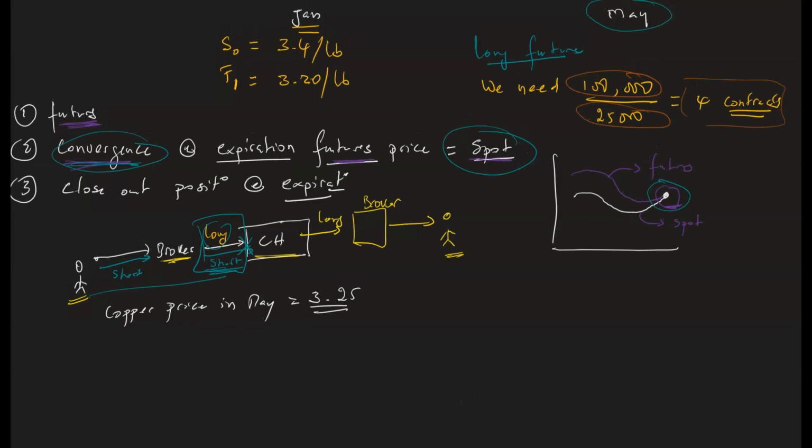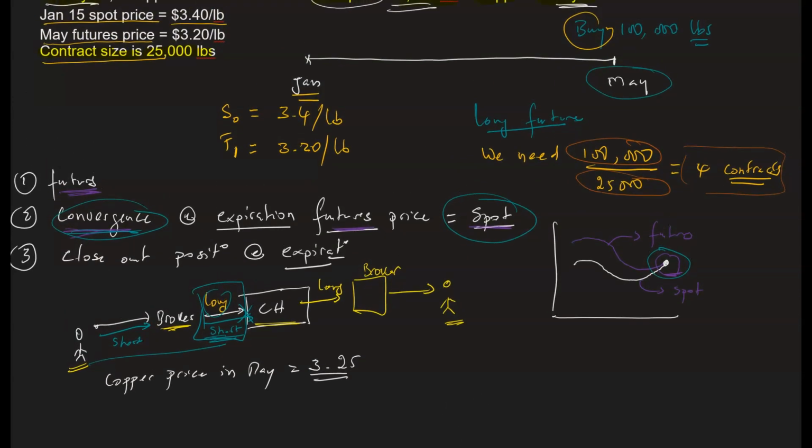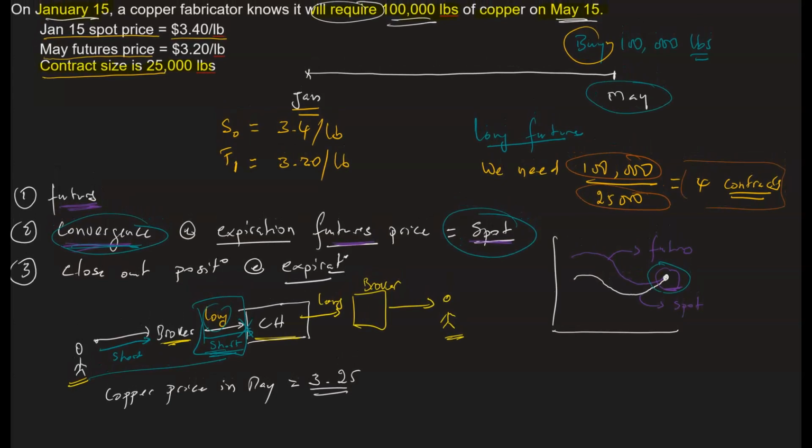Well, remember that what I had was a long futures position, and my long futures position said I was going to purchase copper in May at the futures price. That futures price, the May futures price, was $3.20, and I had 4 contracts.